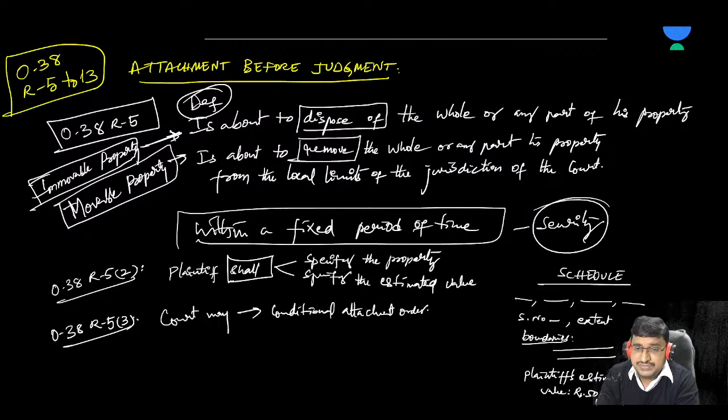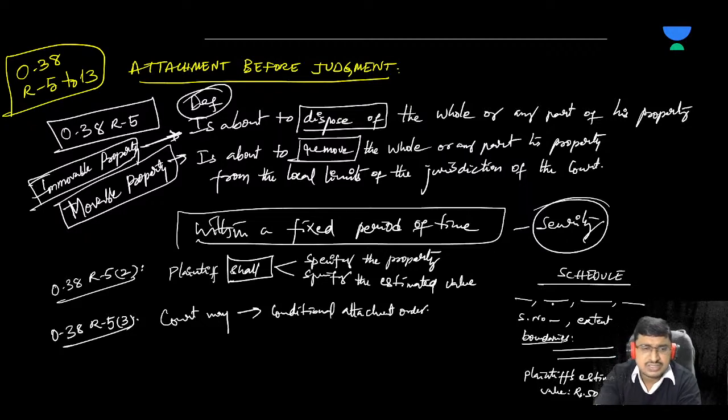Now, this is about Order 38, Rule 5(3), friends. The court may conditionally attach such property. Once the property is attached, the plaintiff has to send a legal notice through his counsel to the concerned registering authorities not to entertain any kind of alienations or registrations with regard to that immovable property.